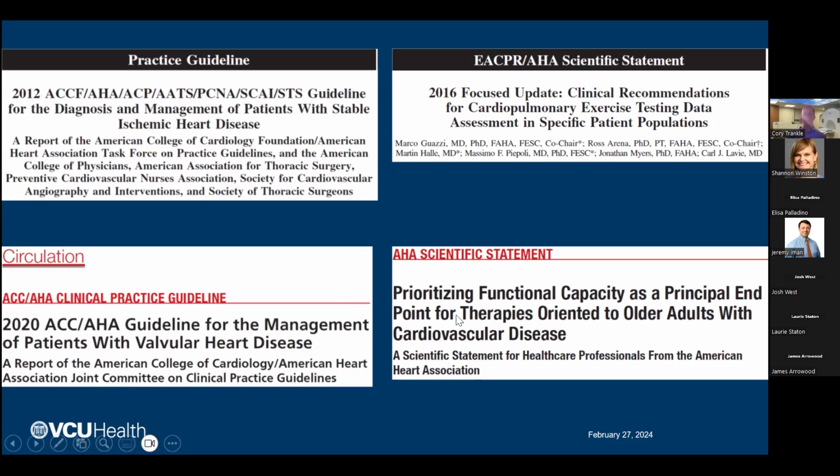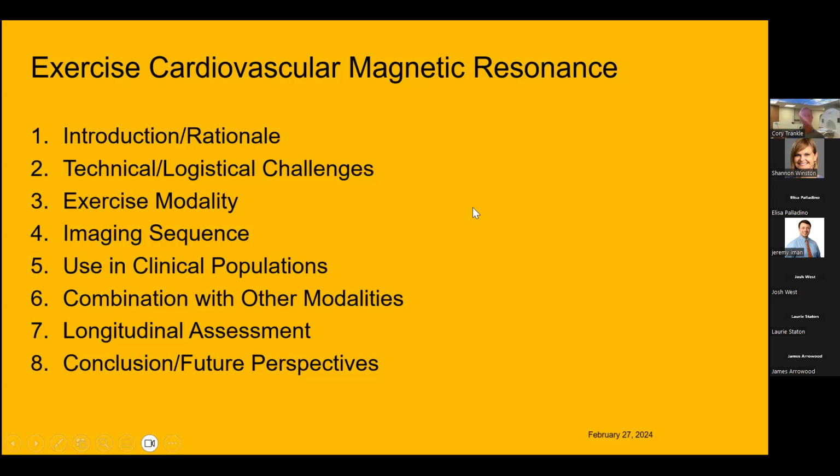So exercise-based testing is important in other areas. It only makes sense to want to bring exercise into the CMR environment and see what we can see with our advanced imaging modalities.